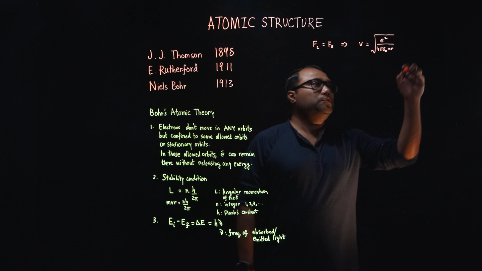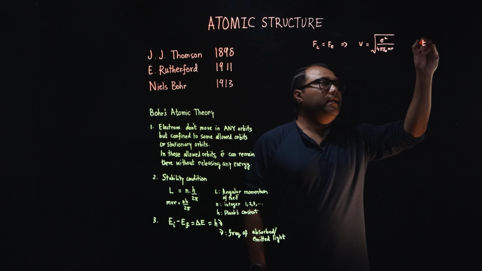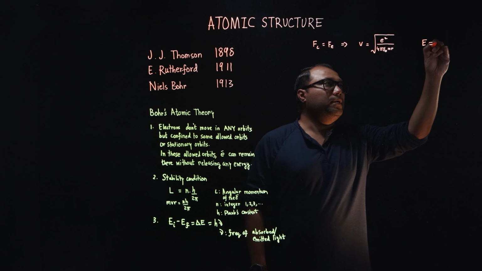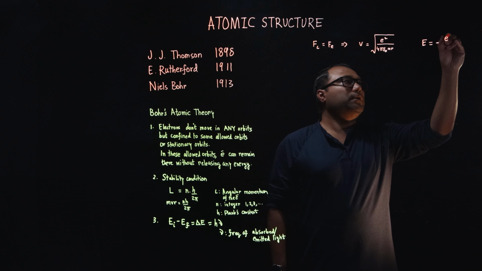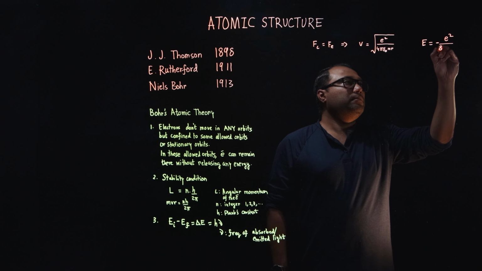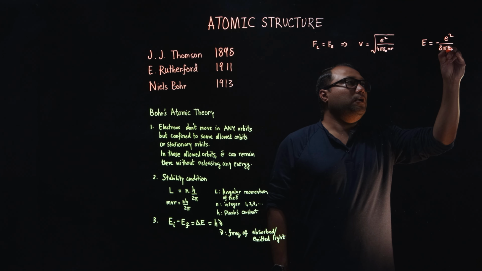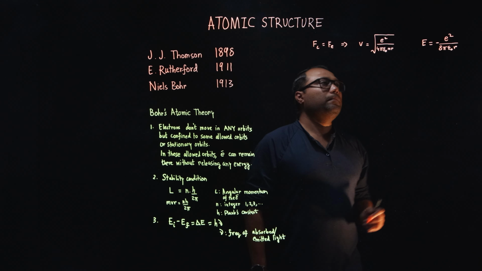And also we got that the total energy of the system is minus e square by 8 pi epsilon naught r.